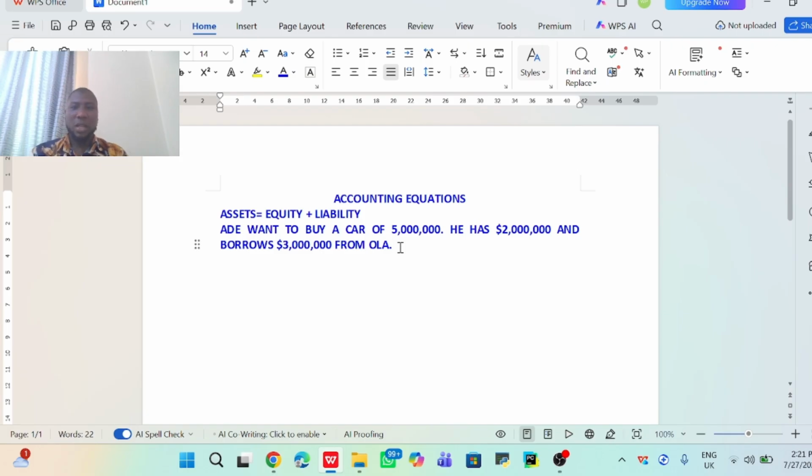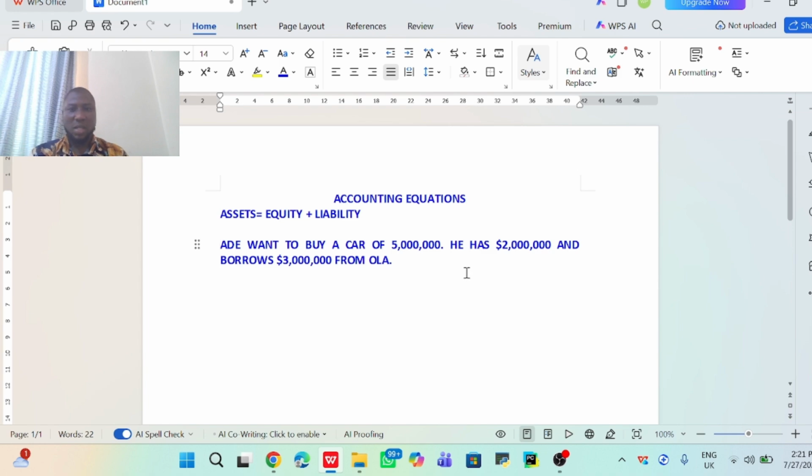So now let's calculate our asset. Let's use this accounting equation to calculate the total asset. Right now, we don't know our assets. And our equity: equity means the money that you yourself have at hand at that particular period of time. So Ade has how much? 2 million naira.